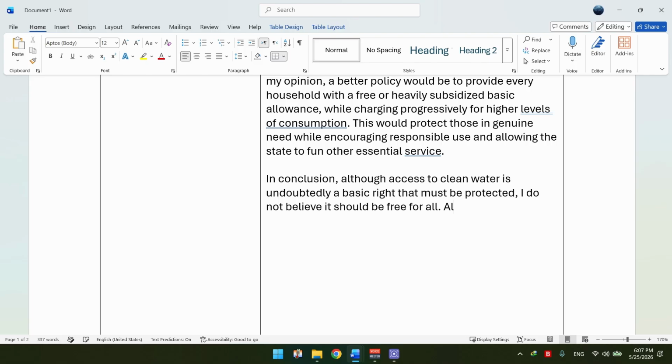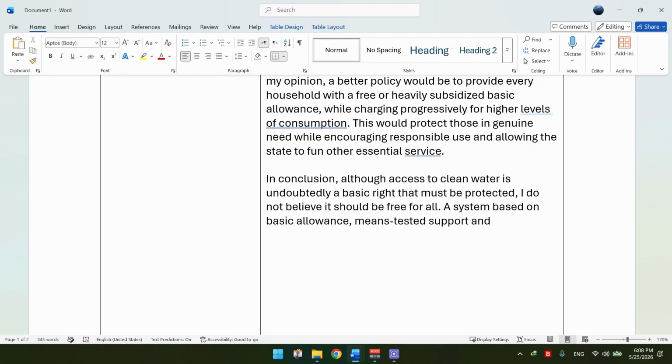A system based on a basic allowance means tested. Testing, for example, if it is sustainable, if we can go through it.